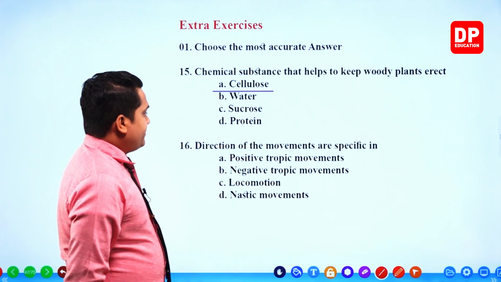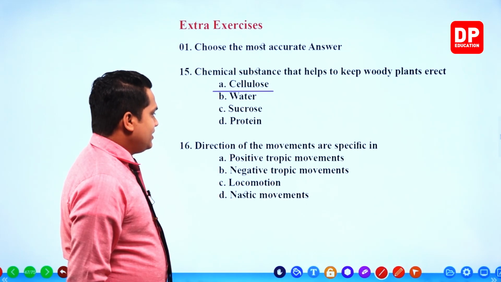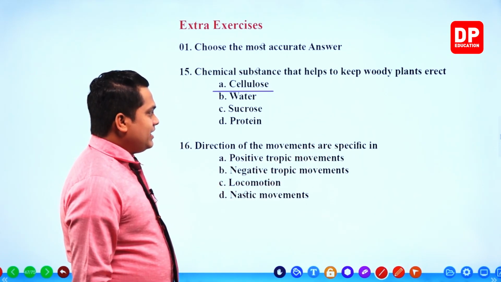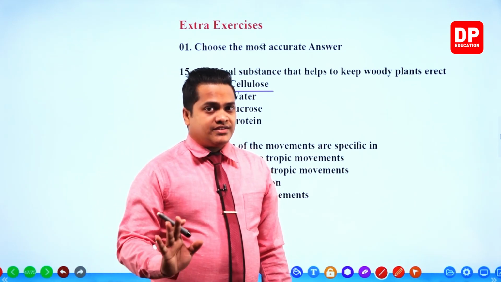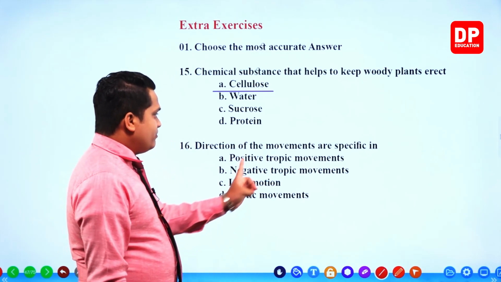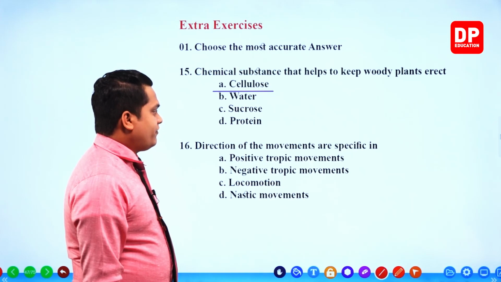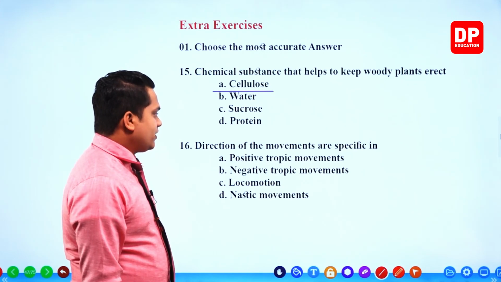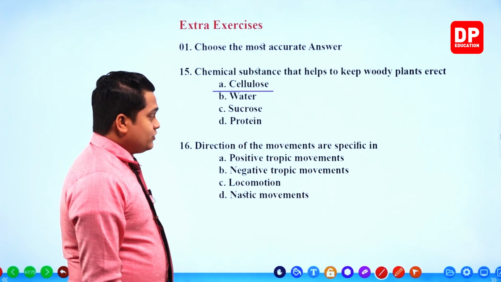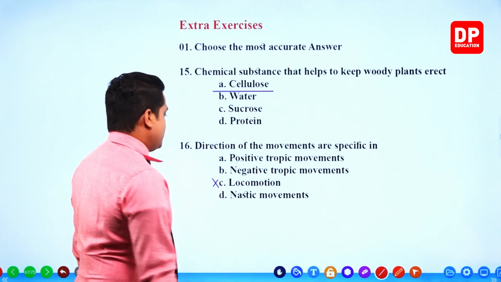Question number 16. Direction of the movements are specific. Specific means identical, not depending on any other. Direction of the movements are specific in positive trophic movements, negative trophic movements, locomotion, nastic movements. These things are regarding the movements, so we can ignore the locomotion.